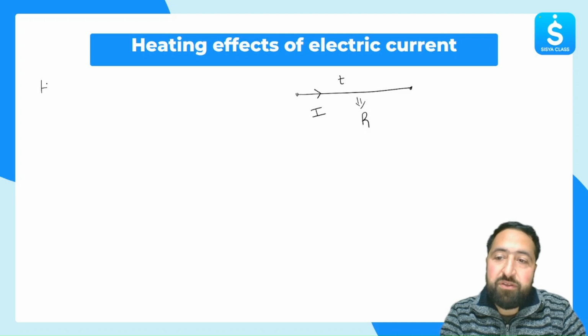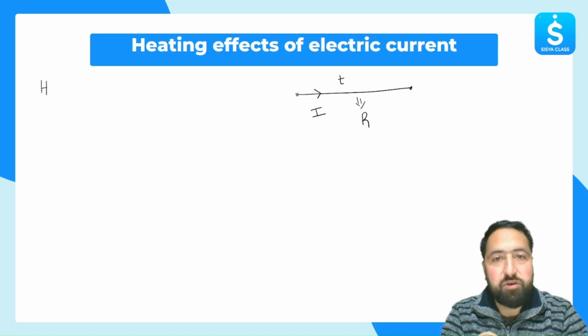Actually, the heat produced will depend on three things. First is the current. If I represent the heat produced by H, then heat produced is directly proportional to the square of the current flowing through it. Then there is the time for which the current is flowing.